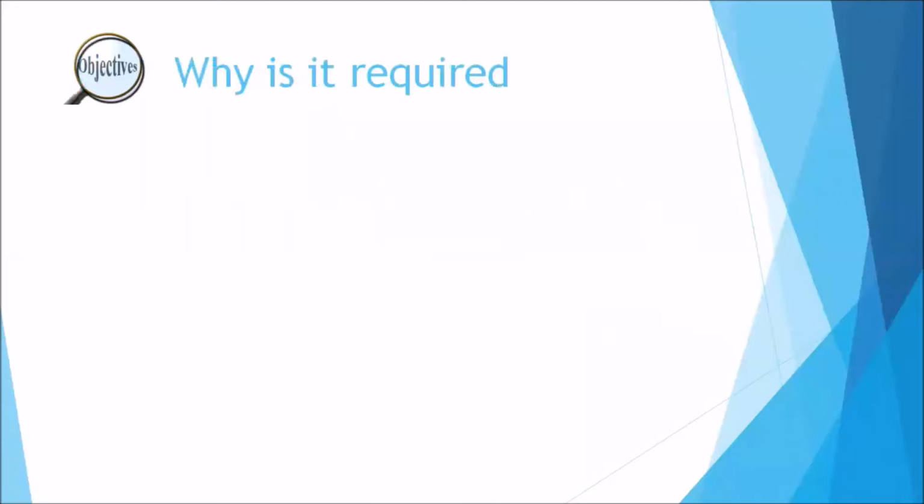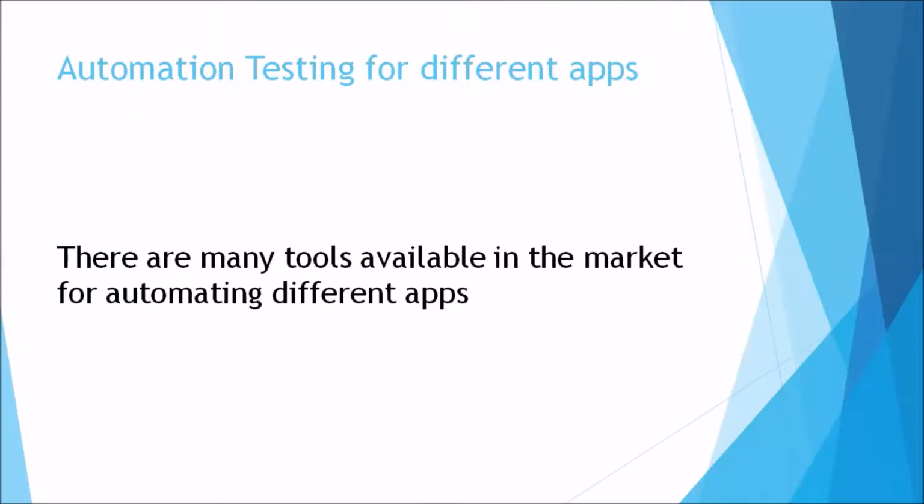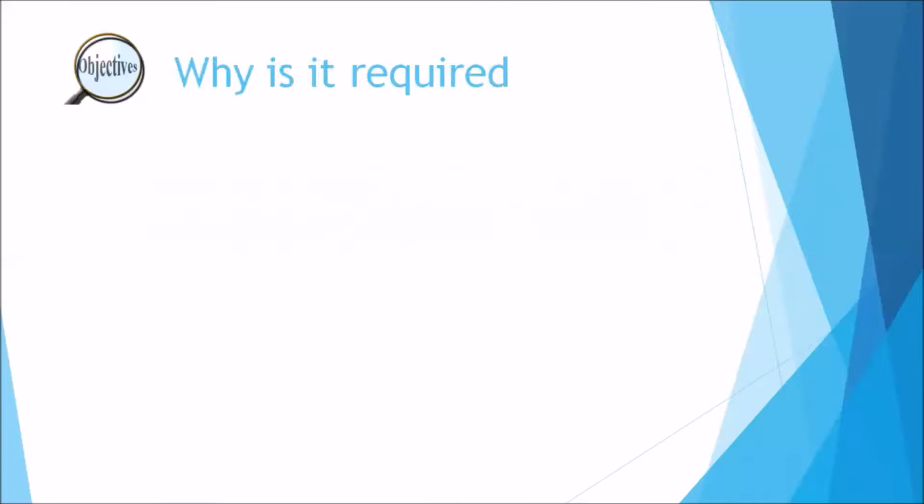Let us go ahead now. Why is it required? Basically, we talk about automation when there is something repetitive, something we are repeatedly doing, for example, regression testing and smoke testing.